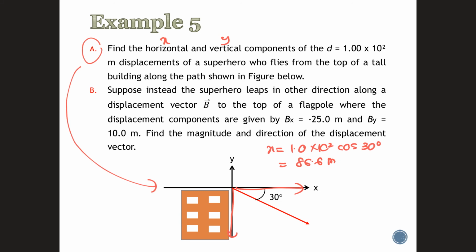Please do not forget the units. And for the y component, 1.0 times 10 power of 2 sine 30 degree, so you're going to get 50.0 meter. So you already get the answer for the horizontal and vertical components.